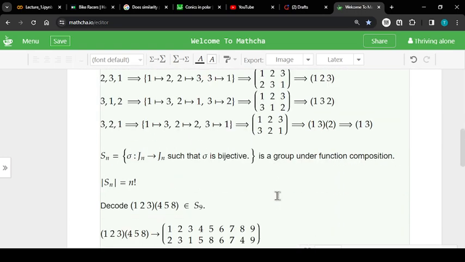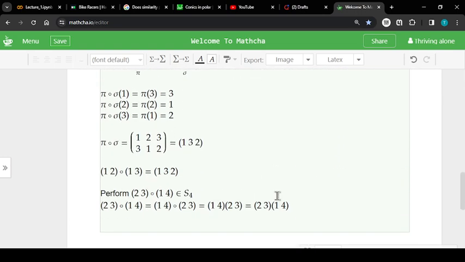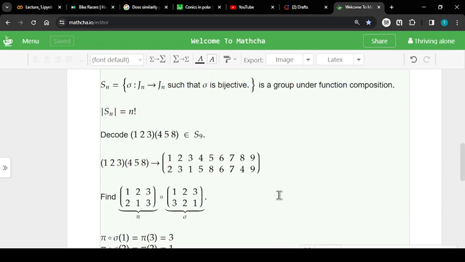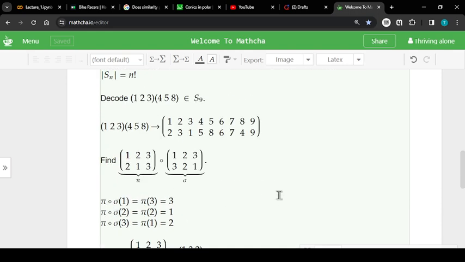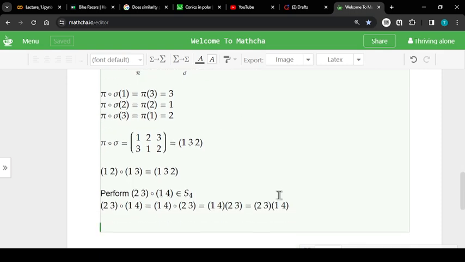That's about it. I hope the cycle notation and how the composition works is clear. I think you have understood how it works in the background. I think that's too long for this video.